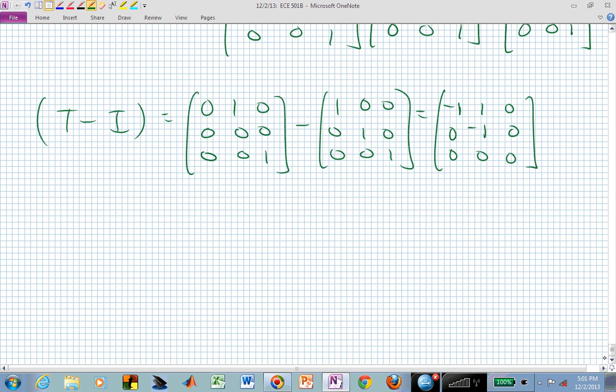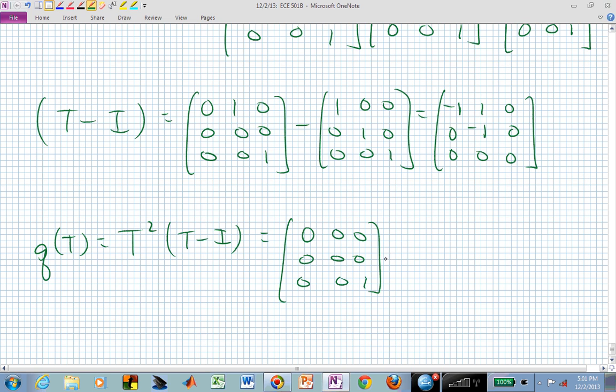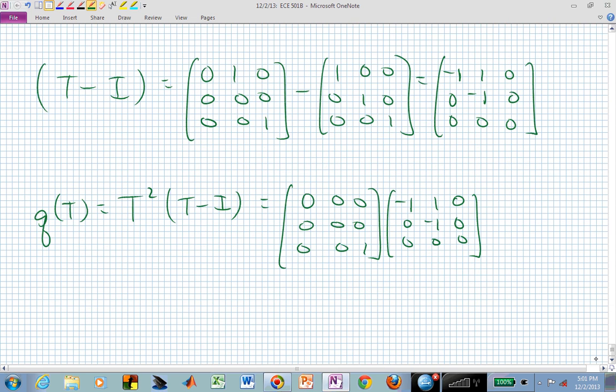So that if we now computed Q of T, that equals T squared times T minus I. We now have T squared times T minus I, and you could do that many different ways, but if you look at just multiplying the left matrix by the right matrix, the first two rows are all 0.